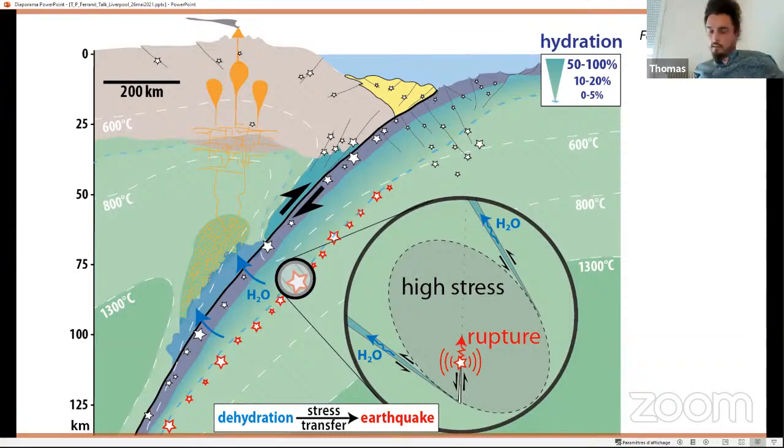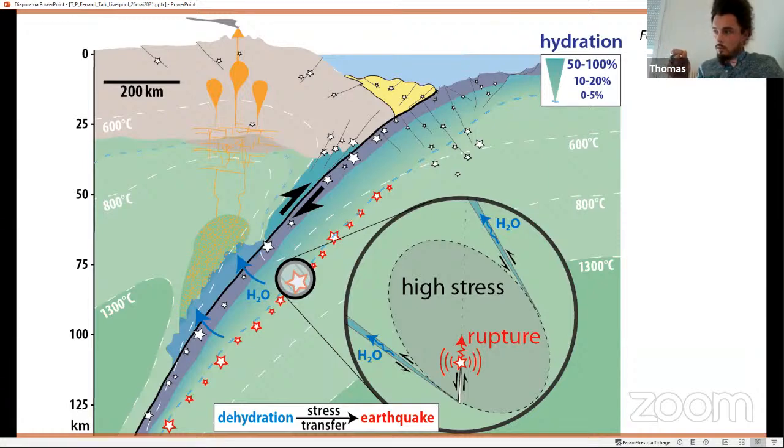So first, regarding this study, at that time I could summarize the situation like this: the lower Wadati-Benioff plane would not correspond to the dehydration isotherm of Antigorite, but instead this is the hydration limit of the incoming plate before subduction.